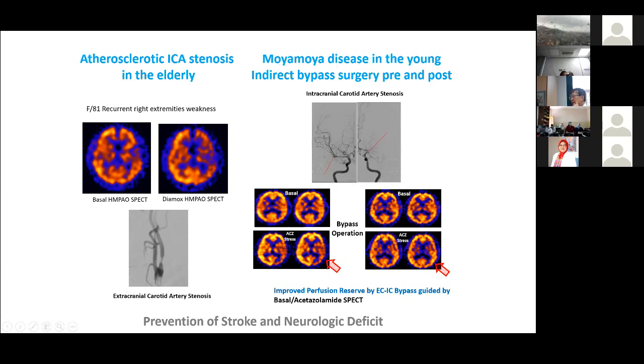The right one is moyamoya disease in a young patient, with indirect bypass surgery, pre and post. Here the left-side MCA territory is affected. In this case, the baseline was also abnormal, and after Diamox stress it decreased slightly. Interestingly, after the bypass operation, both resting and stress improved. Also, the more important point in this case is that the posterior cerebral artery territory seemed to be affected.